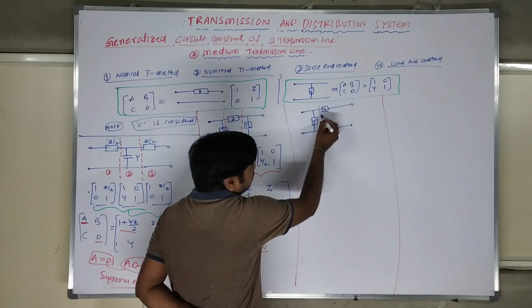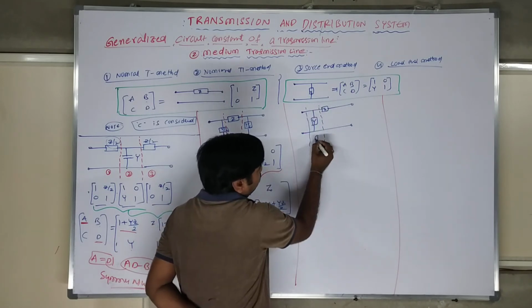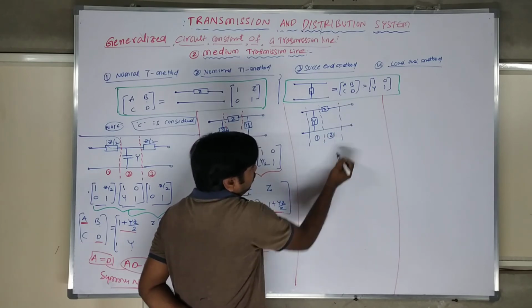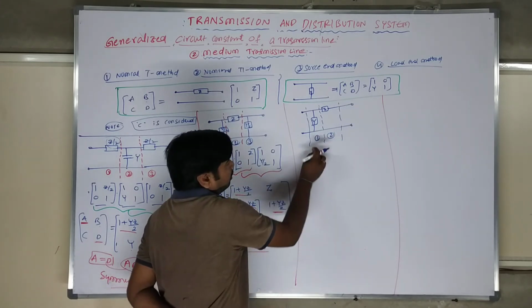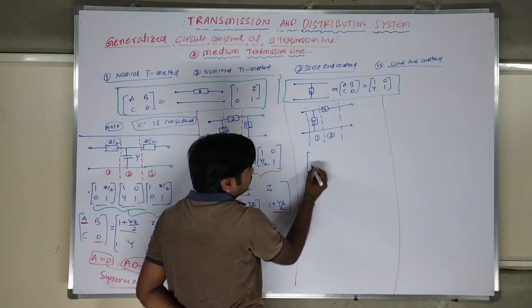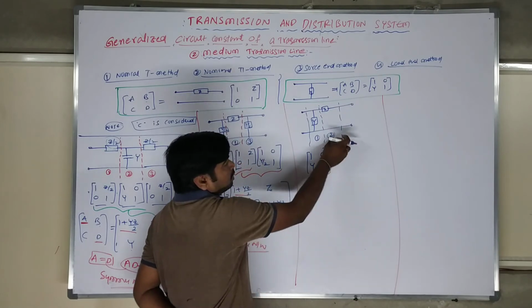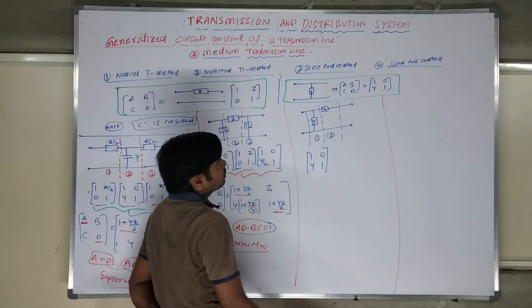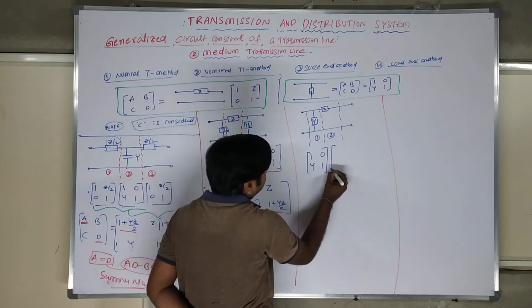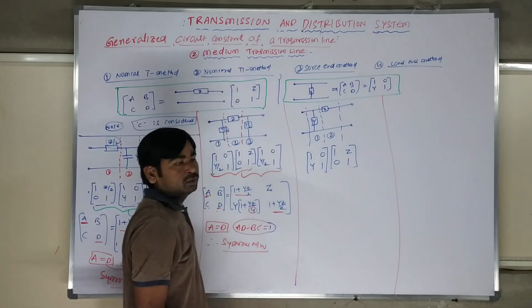This network is also made into two parts, part 1 and part 2. Part 1 is the admittance matrix, [1 0; y 1]. The second part looks like the impedance matrix, [1 Z; 0 1]. These are simple matrices.